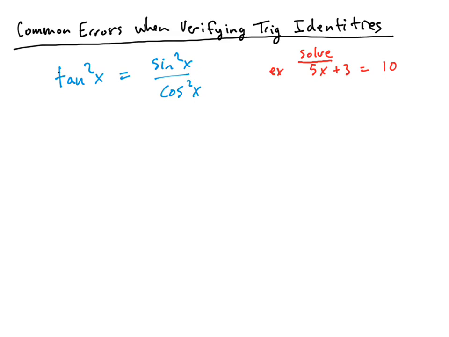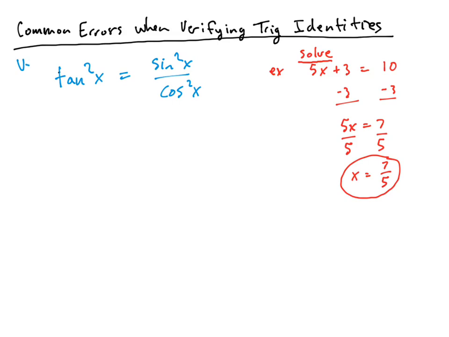For example, we could subtract 3 from both sides. We get 5x is equal to 7. We could divide both sides by the same thing. In other words, when we are solving an equation, whatever we do to one side, we can do to the other side. That is not true when we are verifying a trig identity.